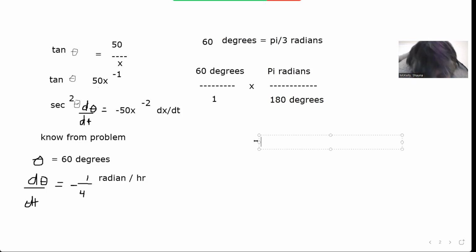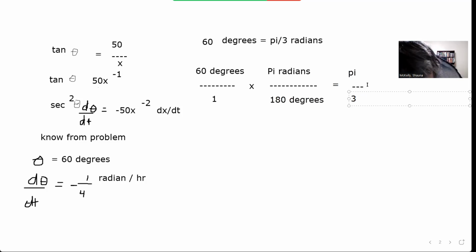And as we can see here, 60 goes into 180 3 times. So if I do the cancellation, this is going to give me pi over 3 radians. So that's the first pitfall in here, okay? You have to convert that so that the units will work.